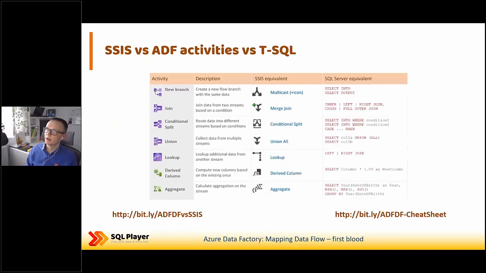Another thing that might interest you, because we all know Integration Services from SQL Server: if you have SSIS skills and would like to start using the Azure Data Factory data flow, with its new capabilities and opportunities, there are some cheat sheets you can use to rewrite your current scenarios. With them you can compare the types of components that exist in SSIS to those in Azure Data Factory data flows, and check what the equivalent is in SQL Server.